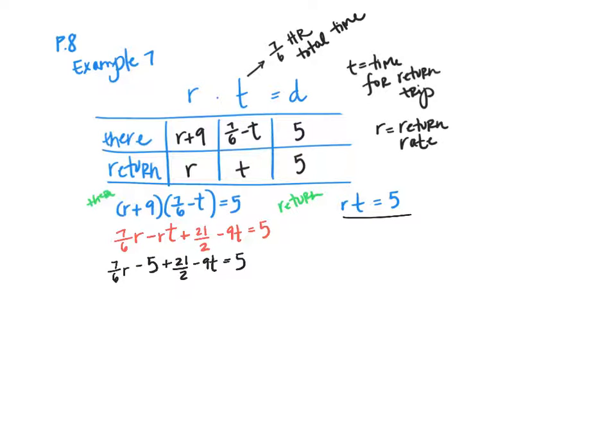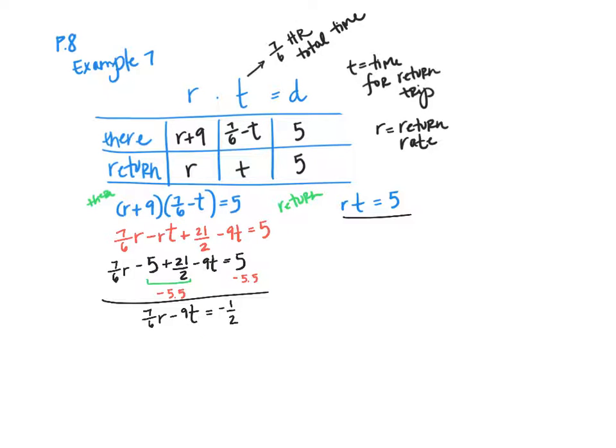I did a little bit of simplifying. I noticed that I can combine those to 5.5, and then I went ahead and subtracted 5.5 from both sides. So that gives me 7/6 R minus 9t equals negative 1/2.